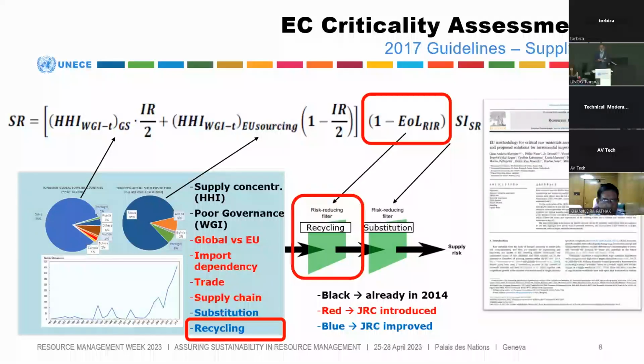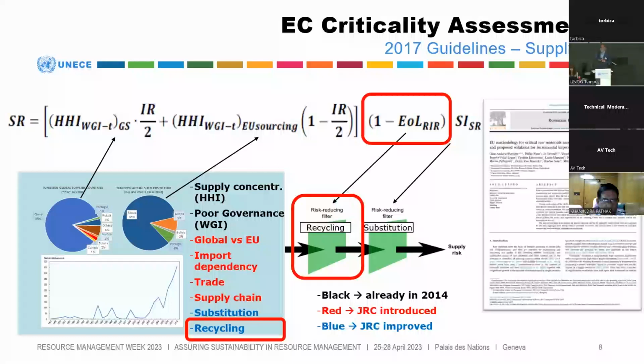The first one is recycling, through an indicator that we call the end-of-life recycling input rate, which represents how much of the current supply is coming from recycling. We started trying to understand how much this could decrease the risk. And this is one of the other items I recommend you to pencil in for the final discussion.